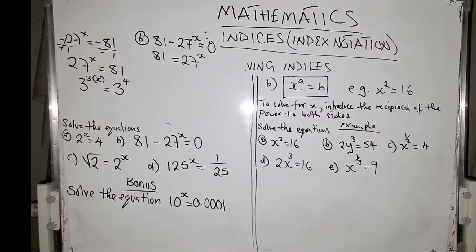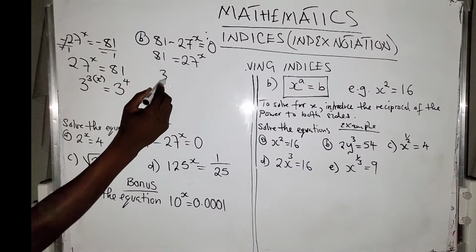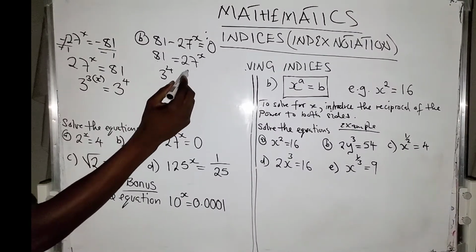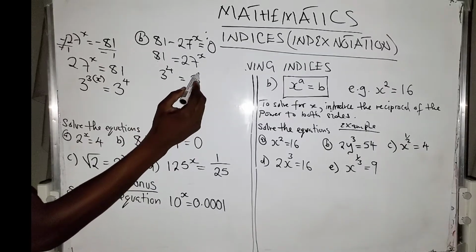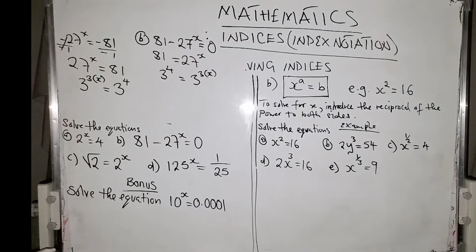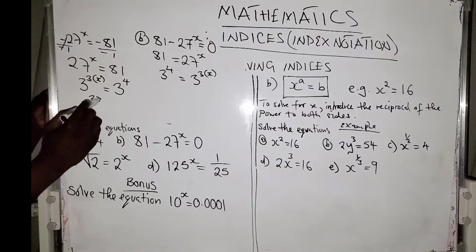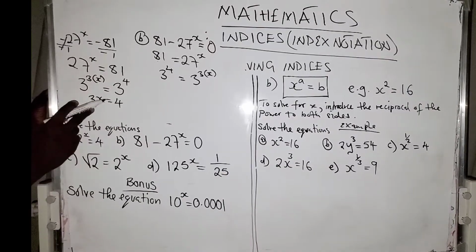Simple. Same as here, 81 is the same as 3 to the power 4, and 27 is 3 to the power 3, then you have x aside. Are we together? Now when bases are the same, what do you do? You equate the powers. Very good. So here we get 3x is equals to 4, but it's not yet done.